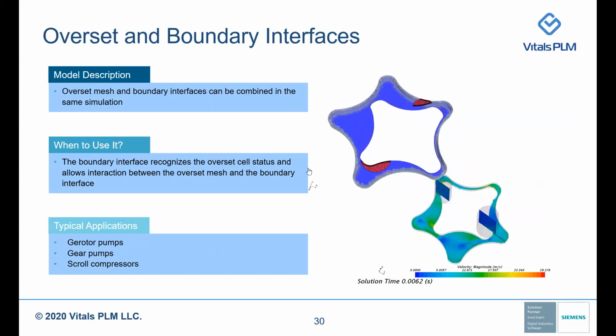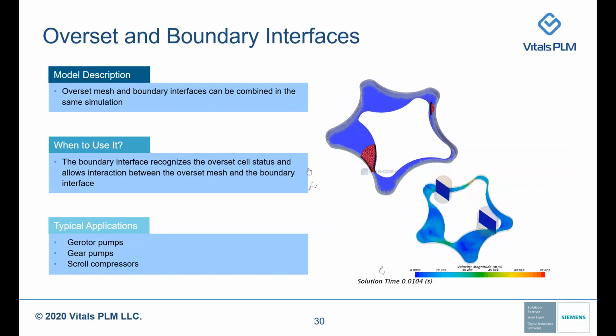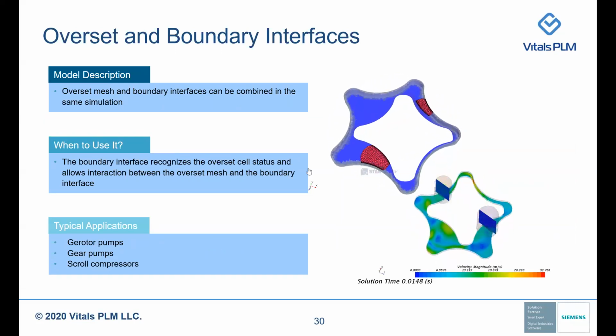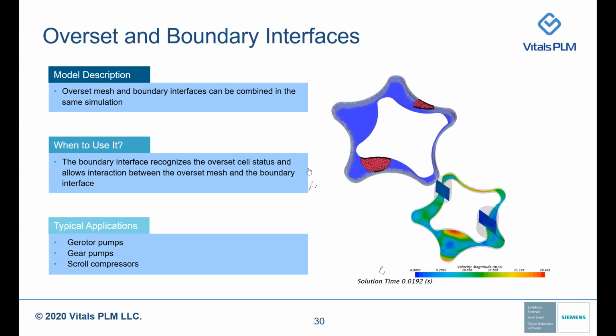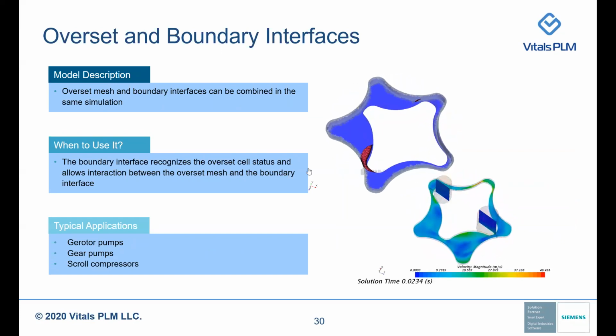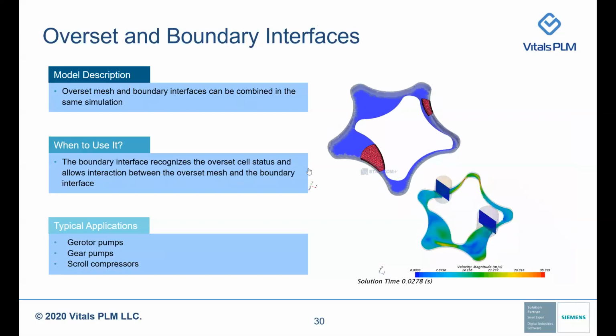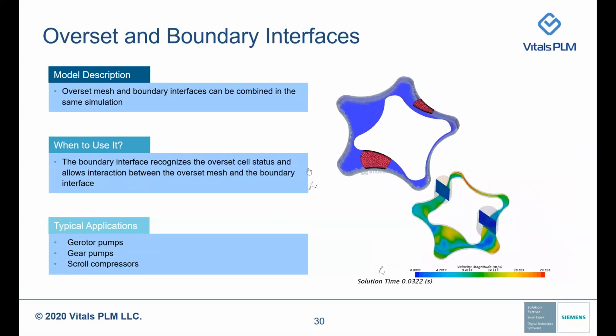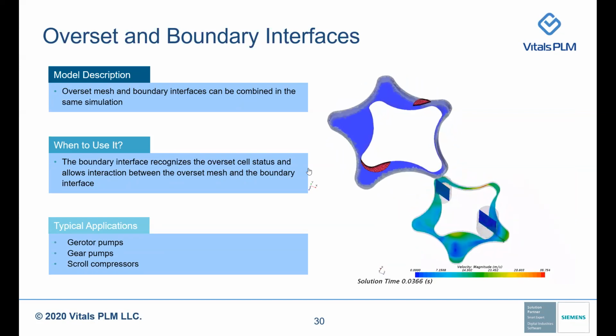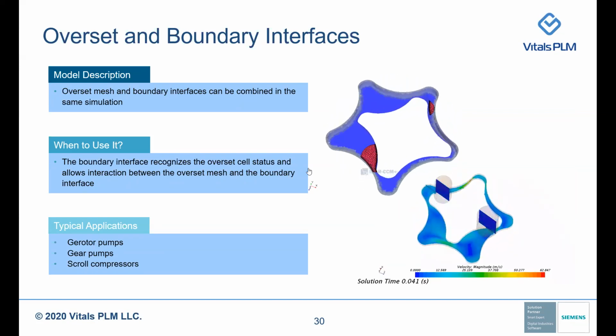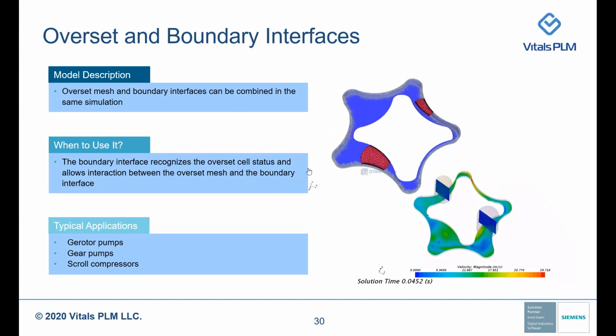Another option available in the overset mesh technology is to have both overset mesh and boundary interfaces in the same simulation. Here in this example, we have two cylinders, and there is a star-shaped region which, while it is in motion, overlaps with these two cylindrical regions.